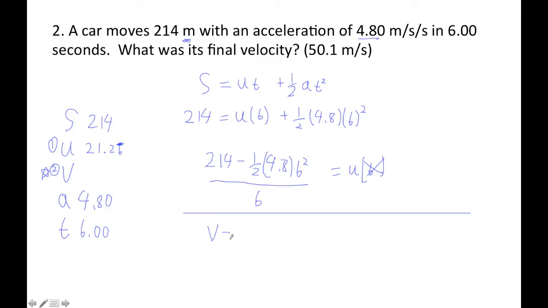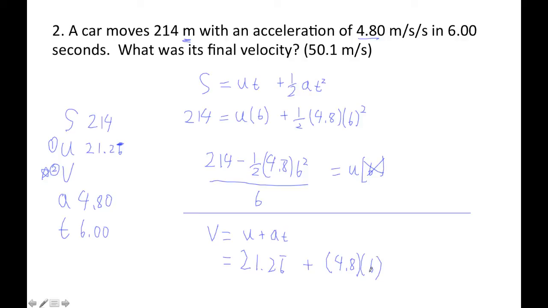So I'm going to do v equals u plus at. So my final velocity is what I want to find, right? My initial velocity is 21.26 bar, plus the acceleration, which is 4.8, times the time, which is 6.